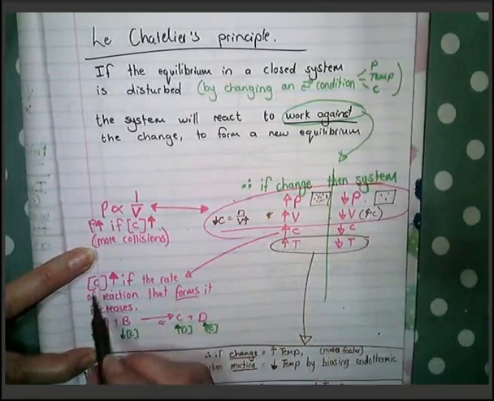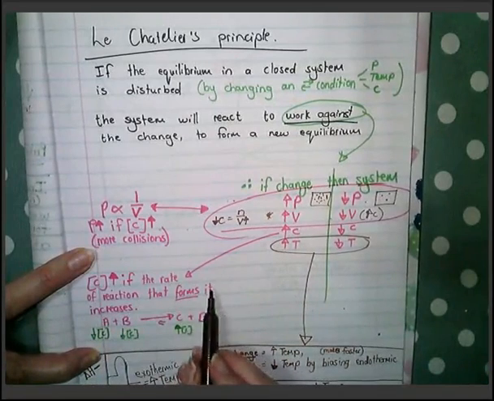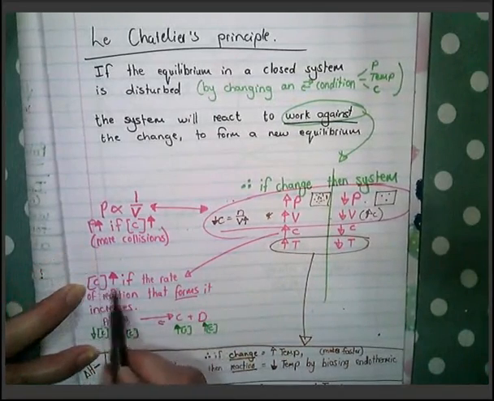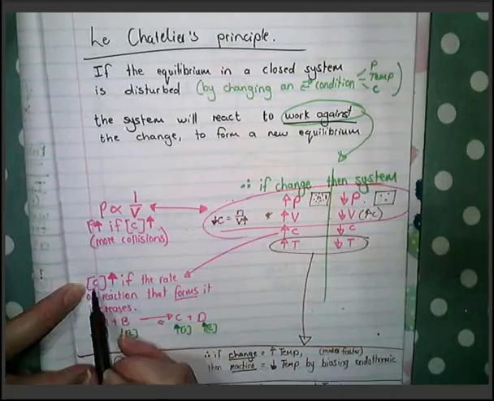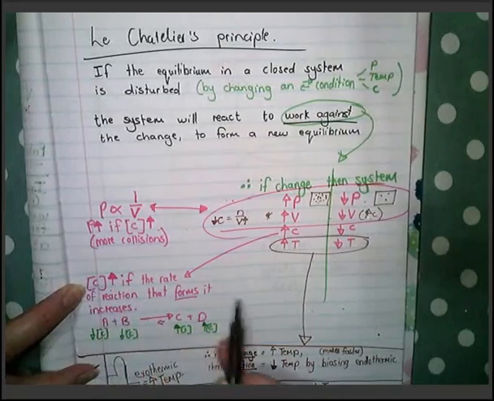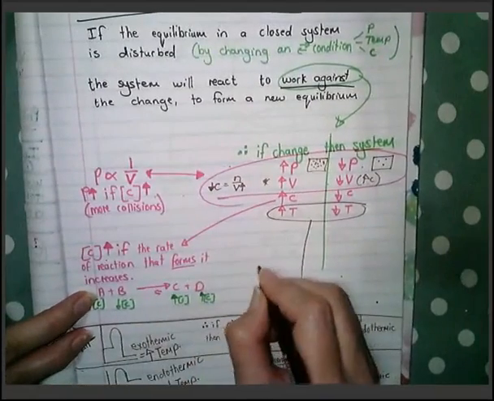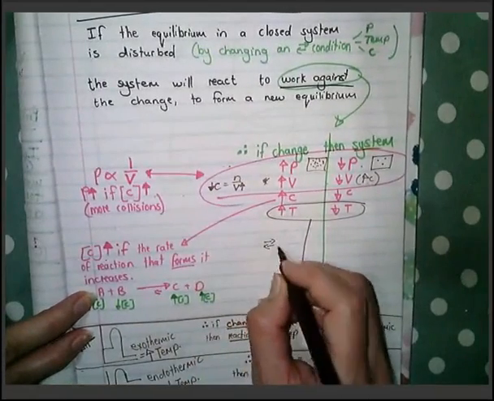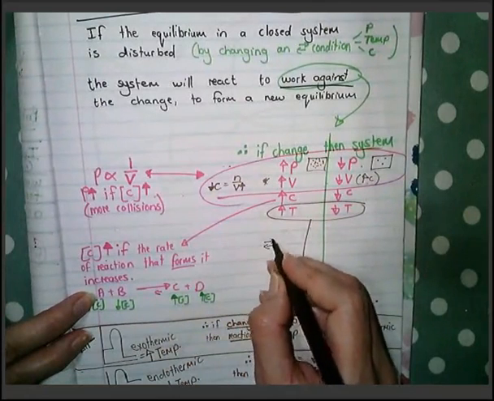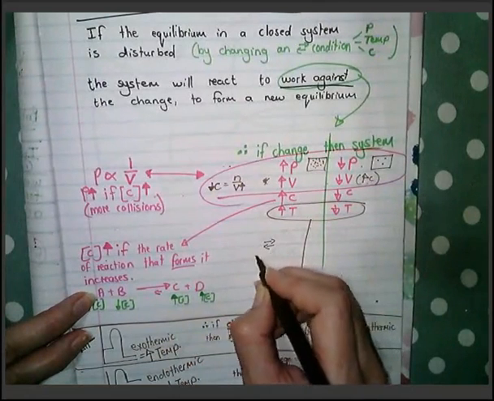how the system increases concentration again is that concentration increases if the rate of the reaction that forms it increases. So, you remember that this means the forward and reverse reaction take place at the same rate.